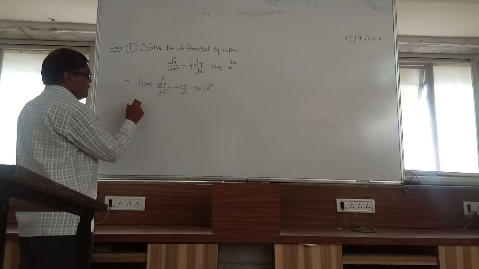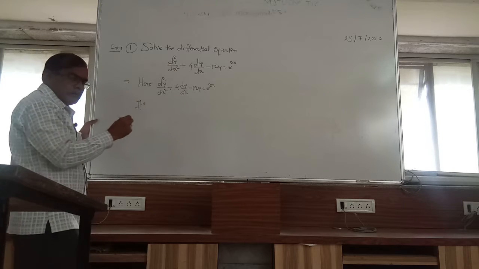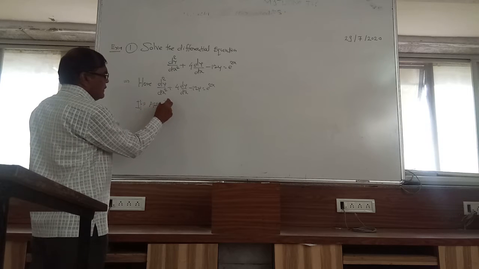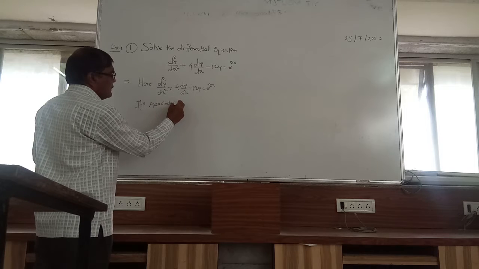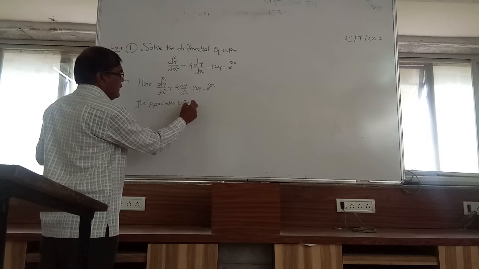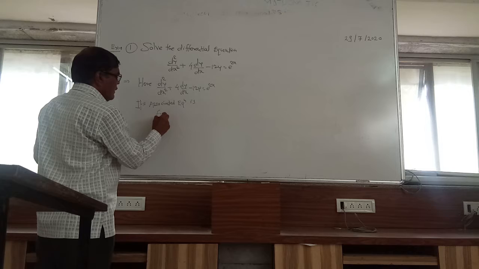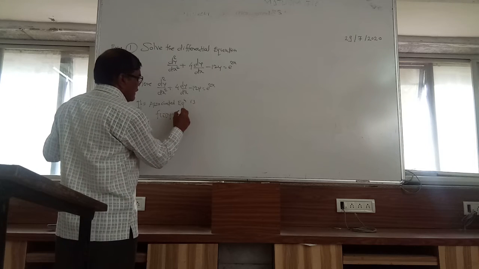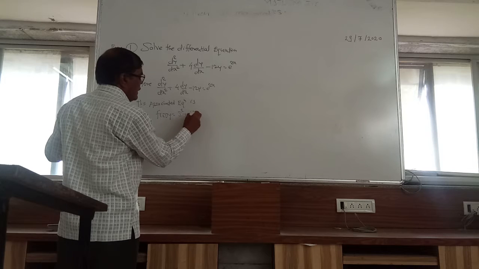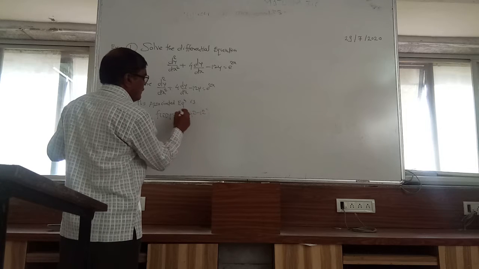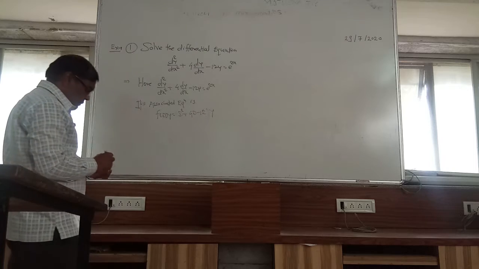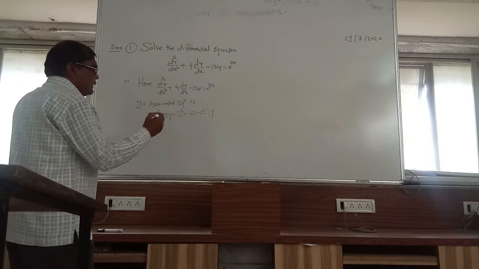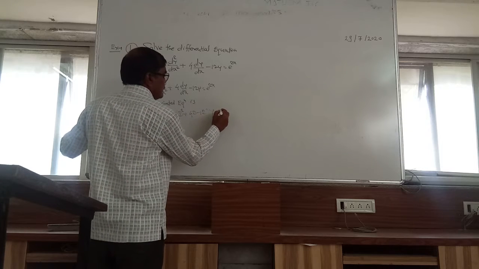Therefore its associated equation is f of D of y, equal to D square plus 4D minus 12 of y, is equal to 0.